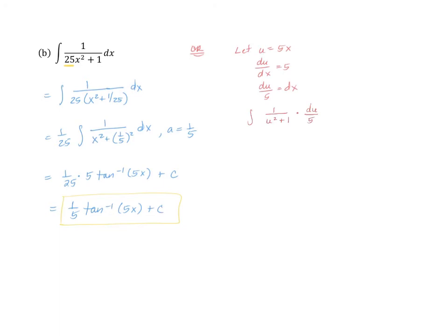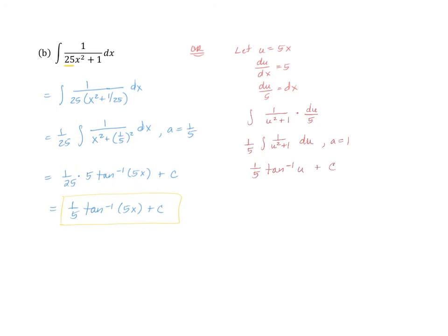And then I could pull the 1/5 out. I have the integral of 1 over u squared plus 1 du, and that takes the form of tangent inverse. So this is going to be 1/5, and then my a in this case is 1, so times tangent inverse of u, okay, plus my constant c.